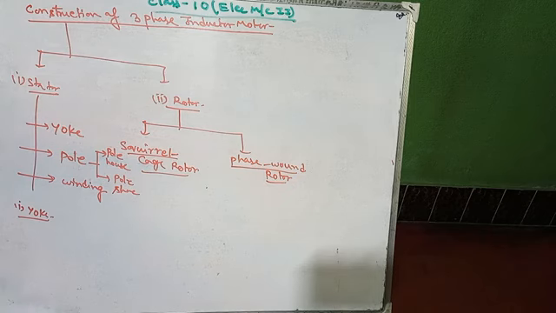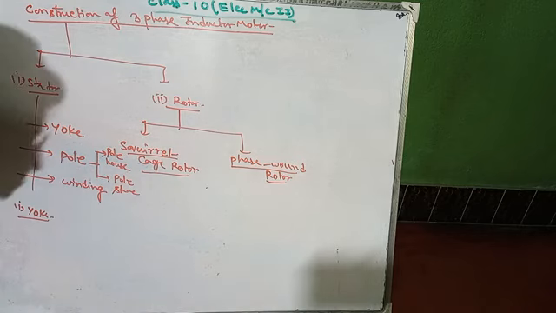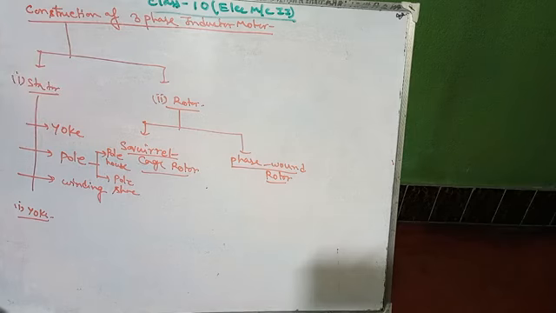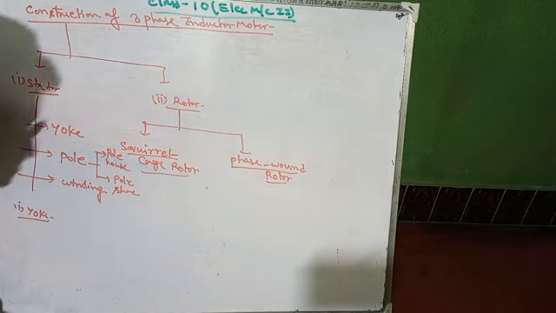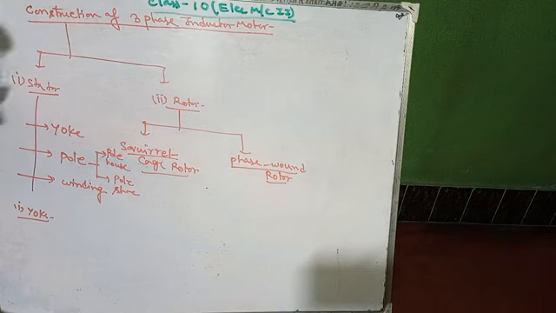Yoke is the outside structural, peripheral ring-like structure that protects from external damage.